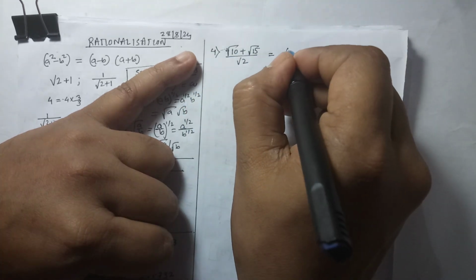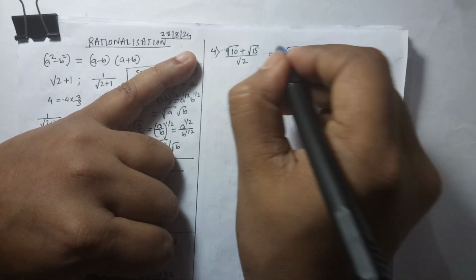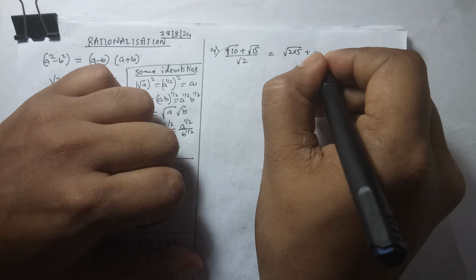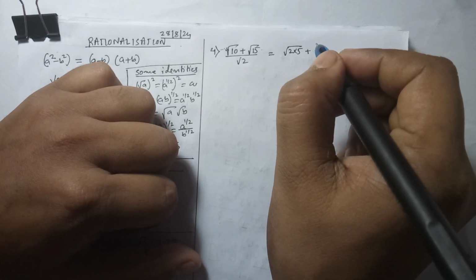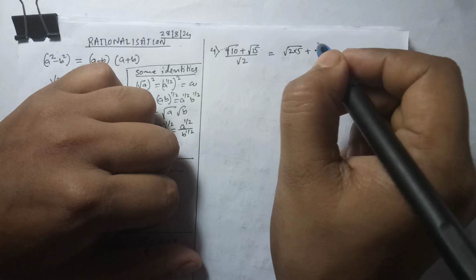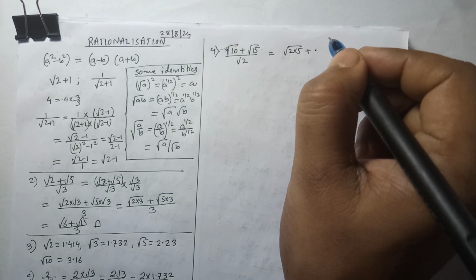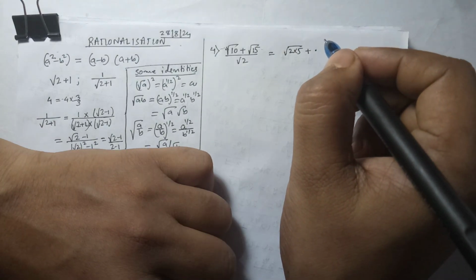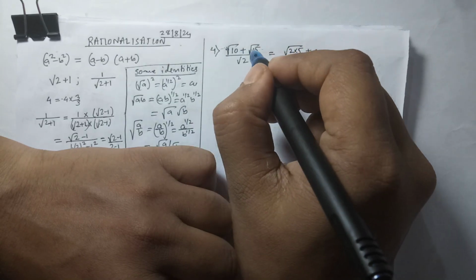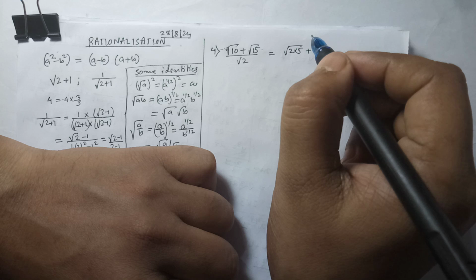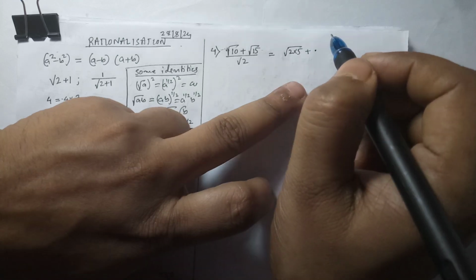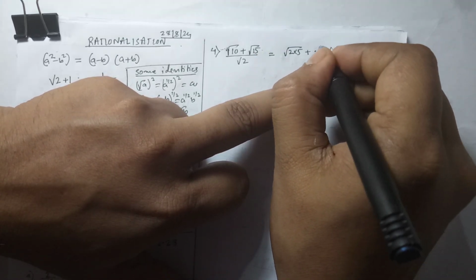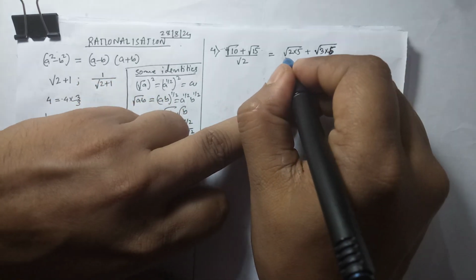So you can write it like root over 2 into 5 plus, you can write this as root 3 into 5, correct?